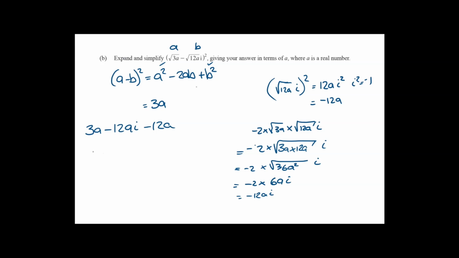This is going to be minus 9a minus 12a i. Maybe we can factorize this a little bit: minus 3a times 3 plus 4i. Either way, we get the same answer.